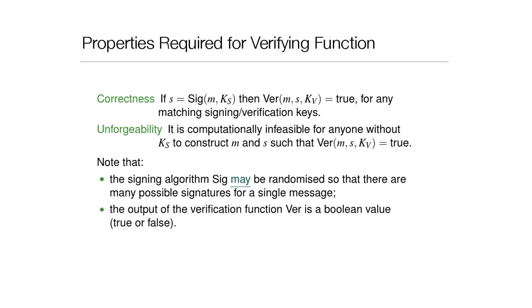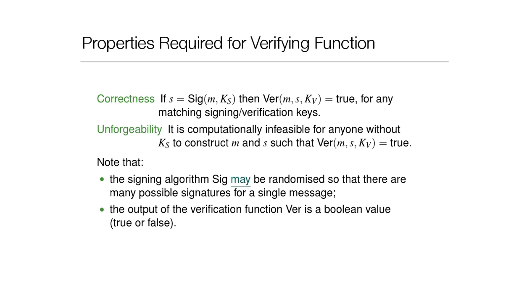And unforgeability is that it is completely infeasible or impossible for anyone without KS to construct a signature S for a message M such that the verification algorithm outputs a true value when it is computed.